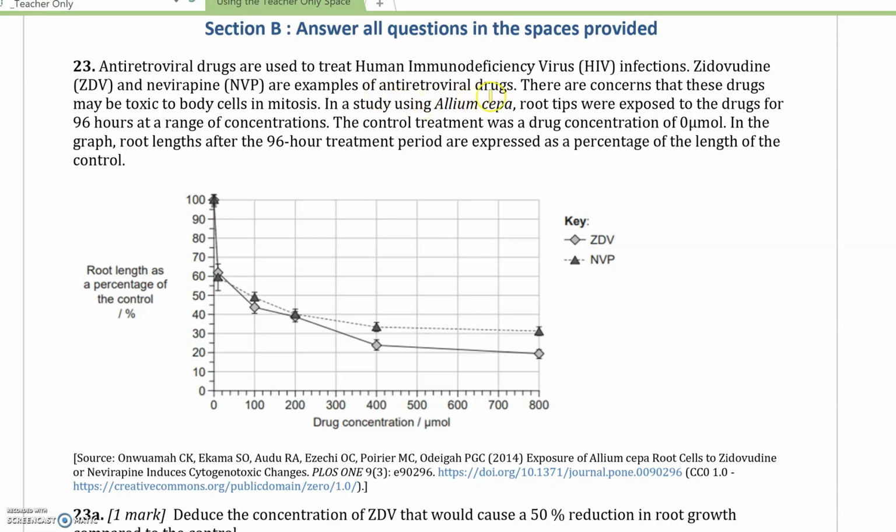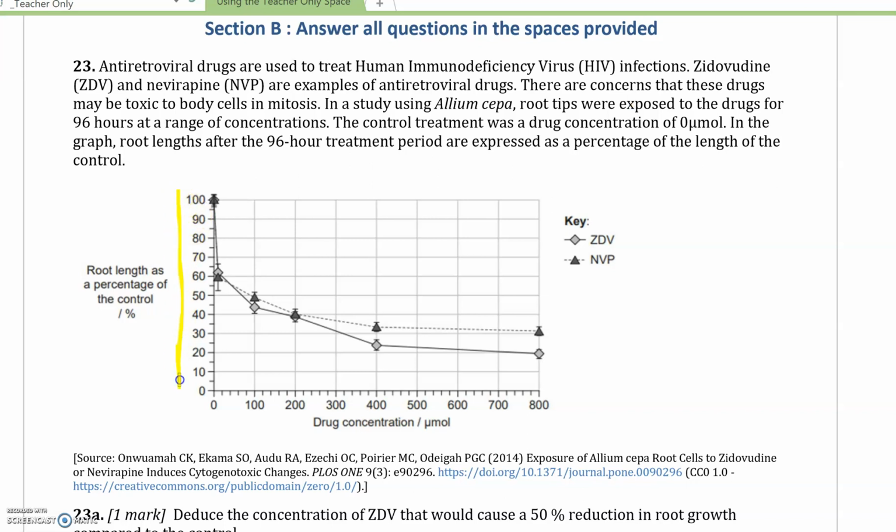In a study using allium cepa, root tips were exposed to the drugs for 96 hours at a range of concentrations. The control treatment was a drug concentration of 0 micromoles. In the graph, the root lengths after a 96-hour treatment period are expressed as a percentage of the control. Okay, so the first thing we need to do is work out what this graph is showing.